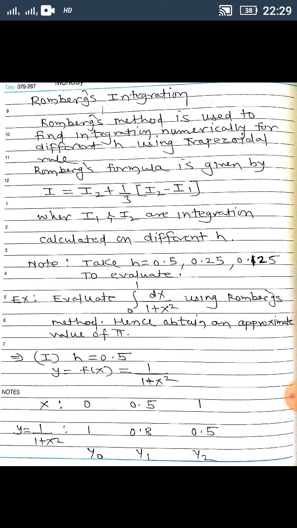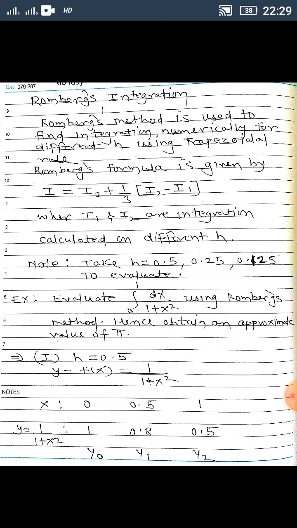Now we consider the x values. So 0, h we have taken 0.5, so 0, 0.5, 0.5 plus 0.5 is 1. For different x values we calculate the y values: 1 upon 1 plus x square. For x is equal to 0, 1 upon 1 plus 0 square is 1.